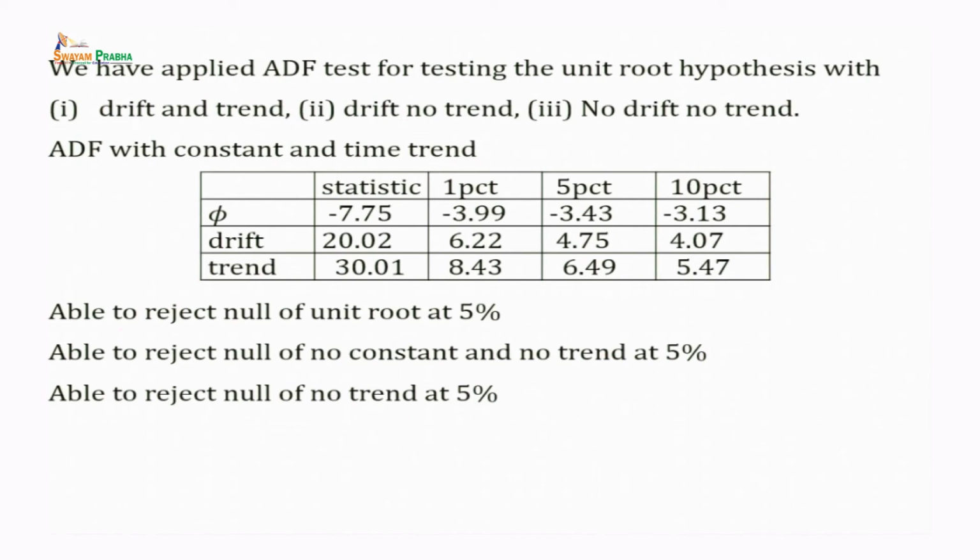We conclude that we are able to reject the null of unit root at 5%, and then we are able to reject the null of no constant and no trend at 5%. We are also able to reject the null of no trend at 5%.